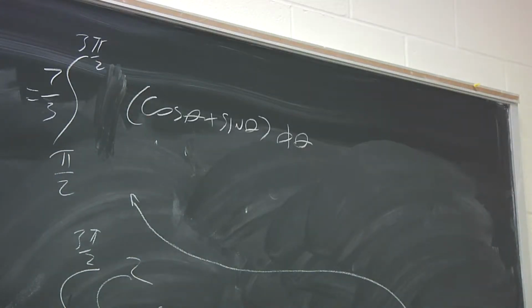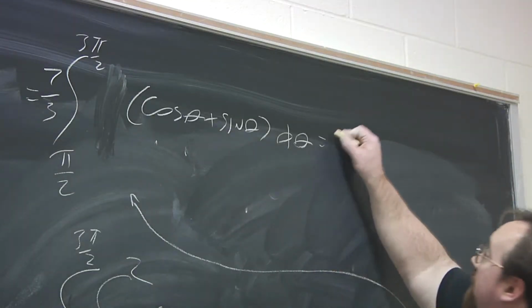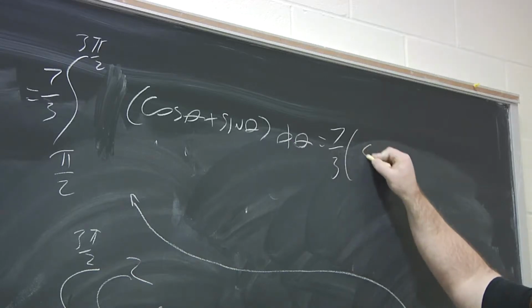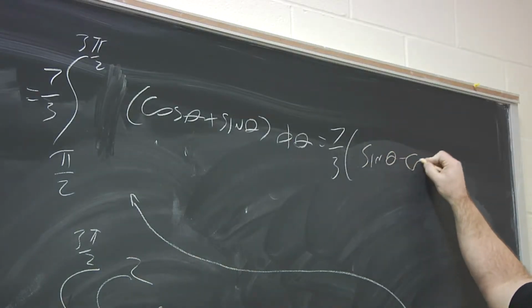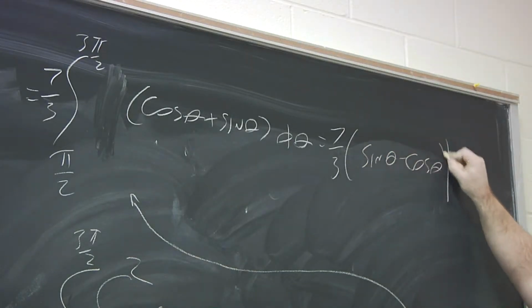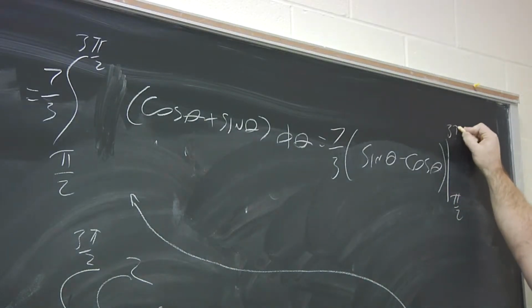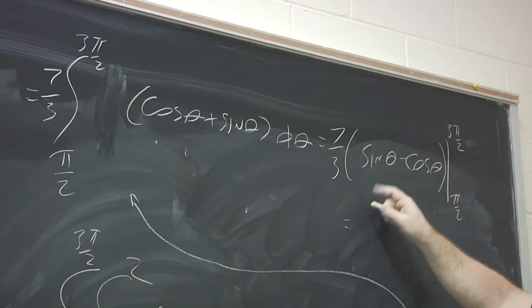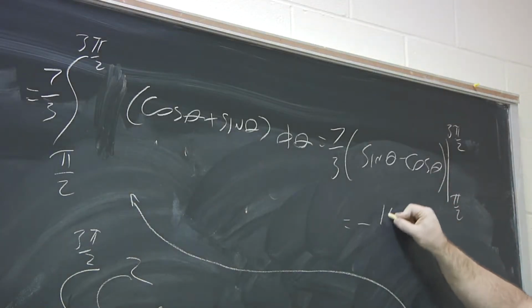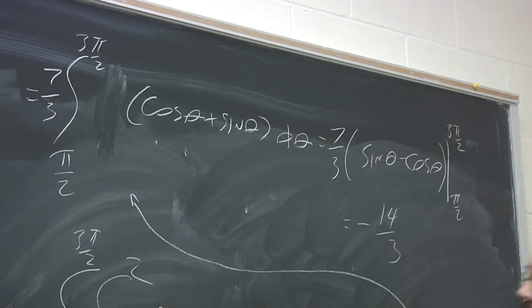So right now it should be in sync with what's in the notes. So now we're just evaluating a single integral. So we're going to get 7/3 times sine theta minus cosine theta evaluated at pi over 2 and 3 pi over 2. So when you plug in the limits, you'll get minus 14/3.